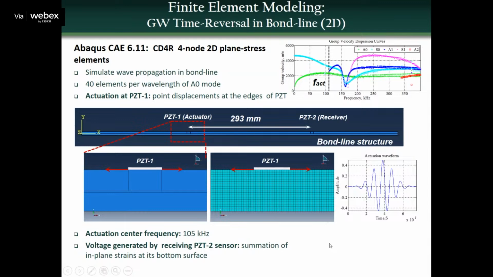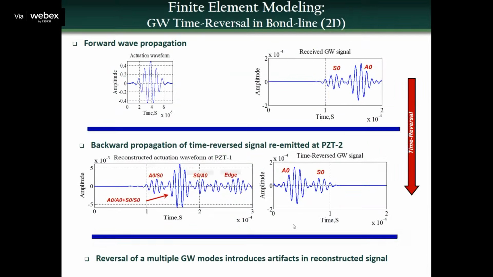Okay, so this is how you simulate the PZT and get a measured voltage signal out of it. Because in Abaqus you can only get your displacement or strains simulated, and you need to convert this into the actual measured voltage for a PZT sensor. So you have your forward, now let me play the video here.